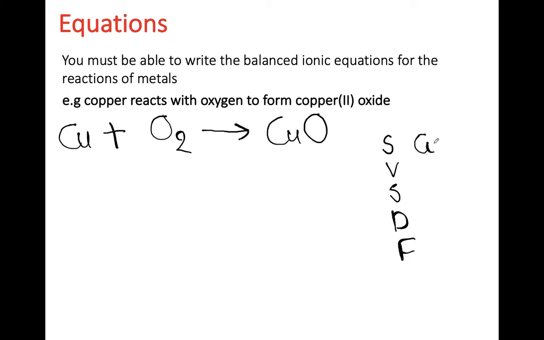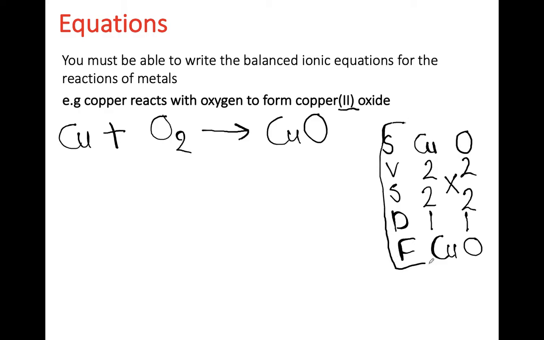So our symbol for copper is Cu, our symbol for oxygen is O. The valency of copper from the Roman numerals is 2. The valency of oxygen, as it belongs in group 6 of the periodic table, is also 2. If we swap those over, 2, 2, divide down 1 to 1, our formula is CuO. So I'll pop that in here just now, out of the way.